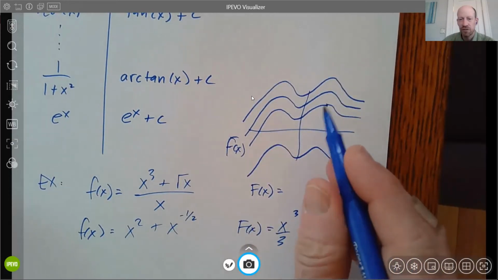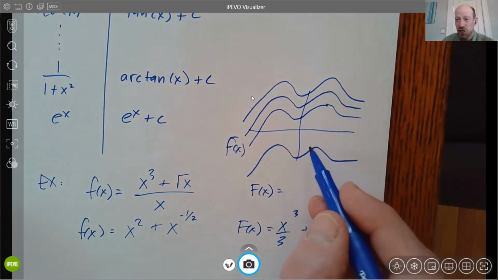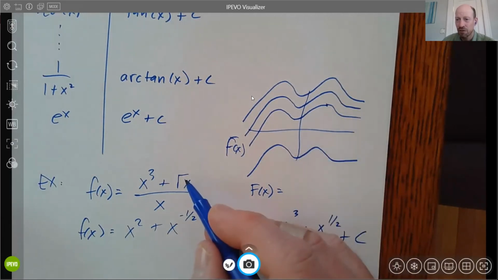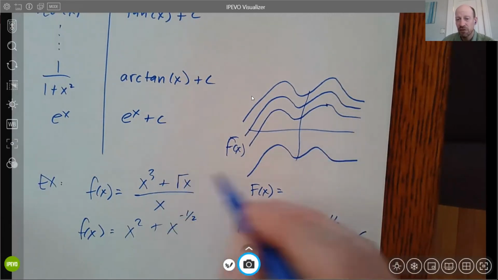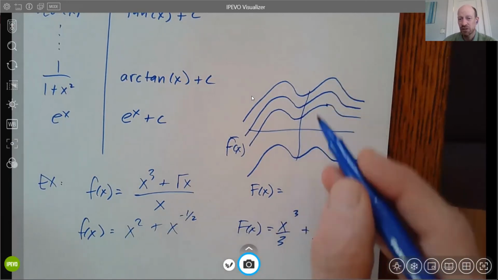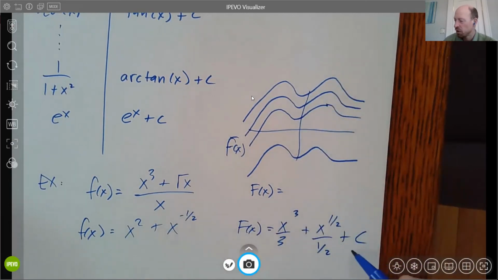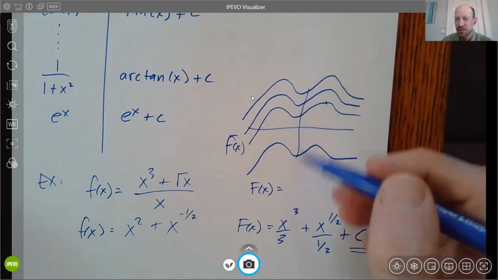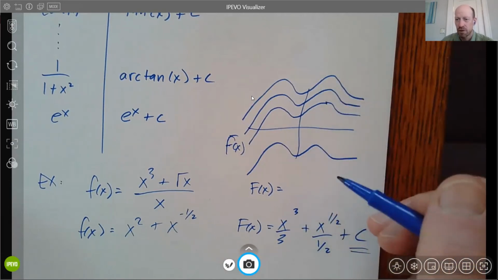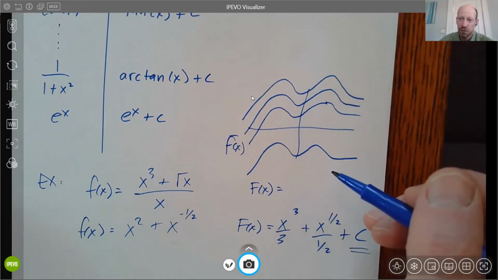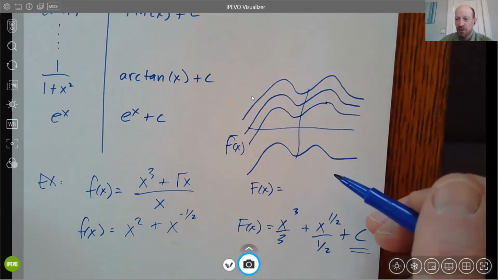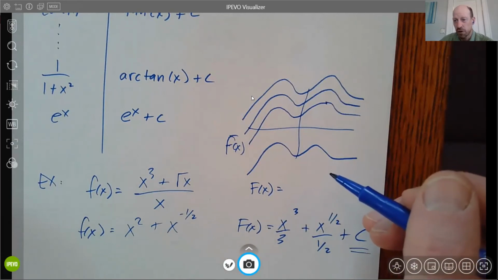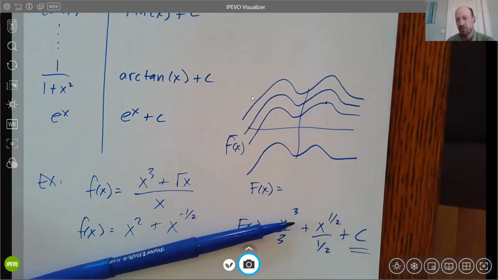All of these functions have exactly the same shape in terms of the derivative. So knowing the derivative just tells me I have one of these functions. These are all the different functions plus some constant. The constant just shifts it up or down. So that's the reason all those constants are important, because it's really telling us a class of functions.